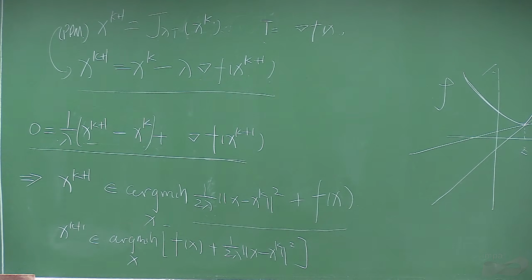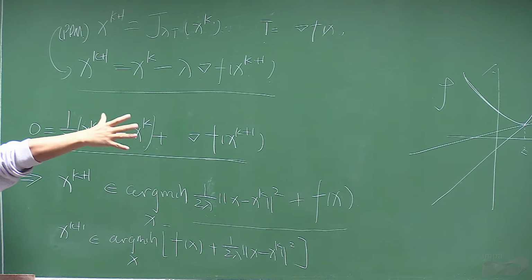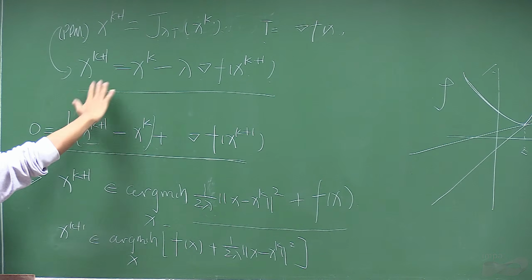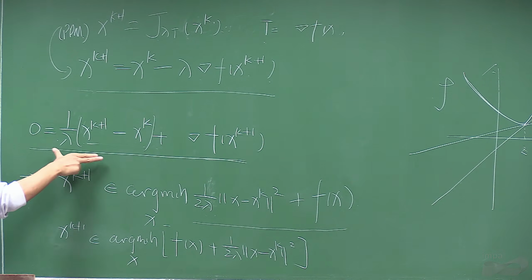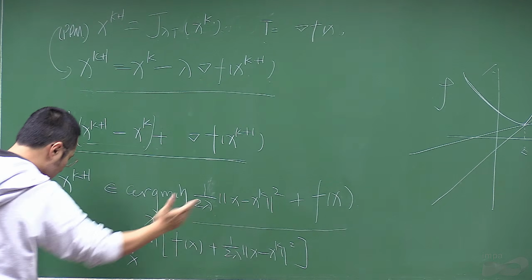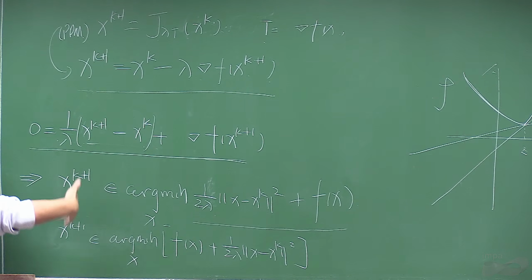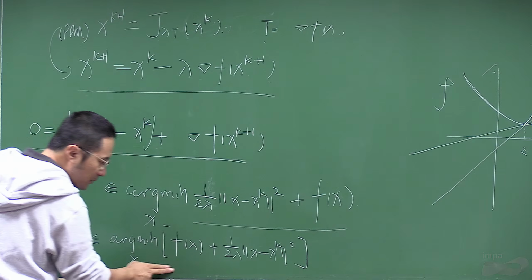Finally we get this. If you want to use the proximal point method to minimize a convex function, the iteration is like this. But this is not practical, so we regard this equation as the optimality condition for minimizing this function. So the next point is the argmin, the solution of this problem.